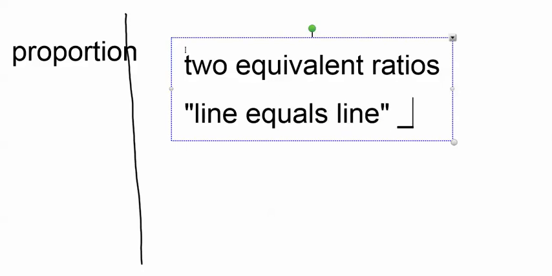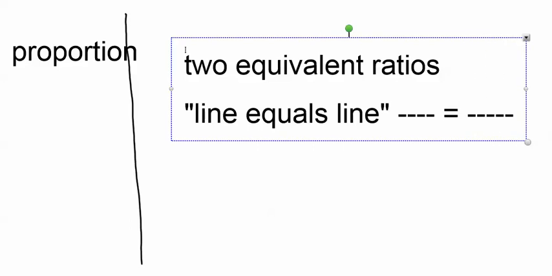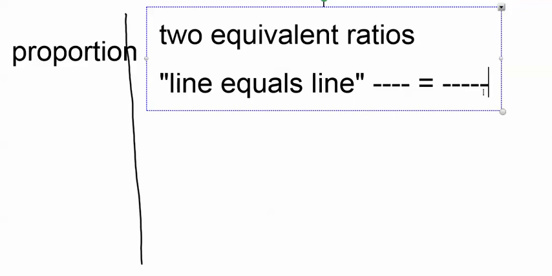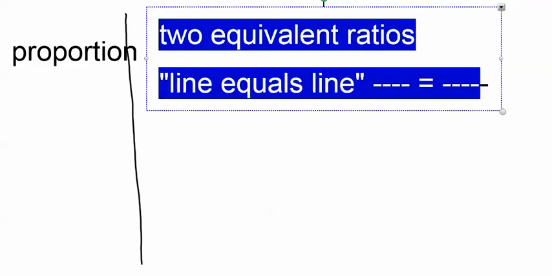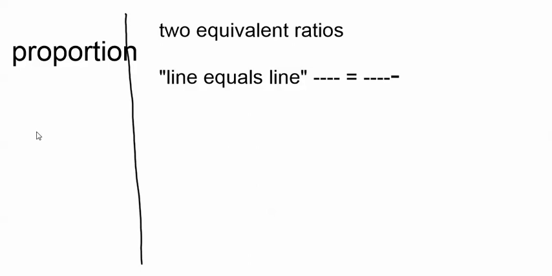What that means is we have this, and then that equals something else. So one ratio equals another, and that is what a proportion is. So that's a proportion.